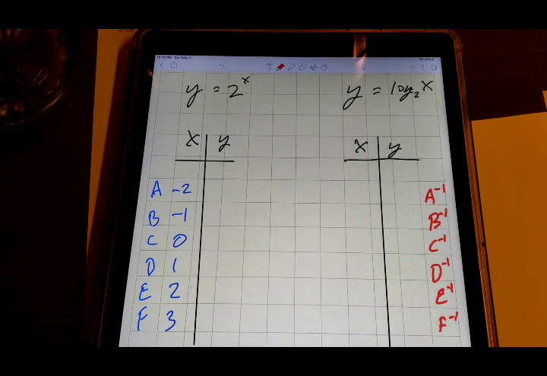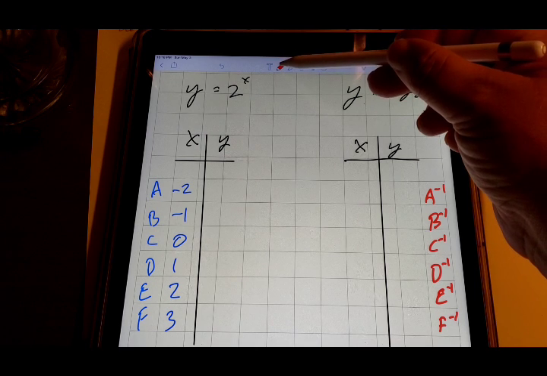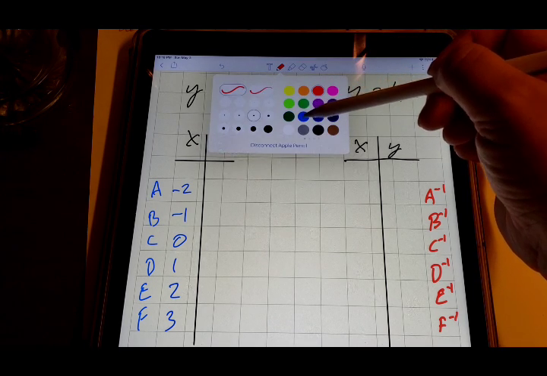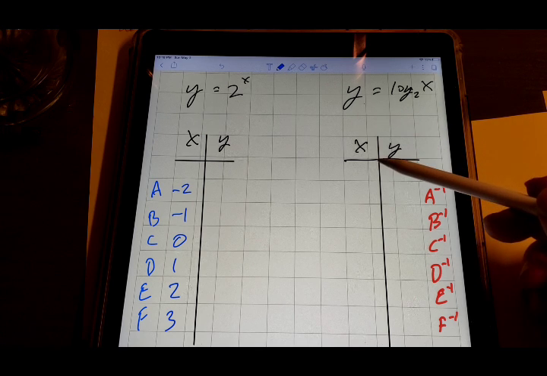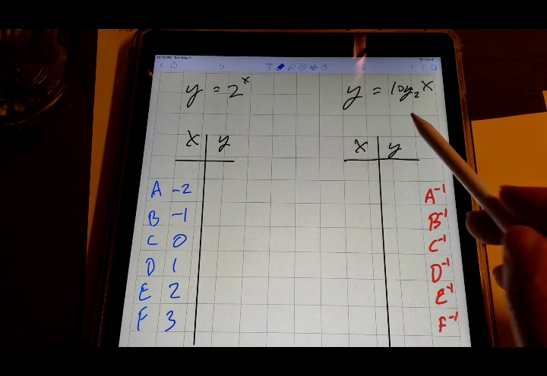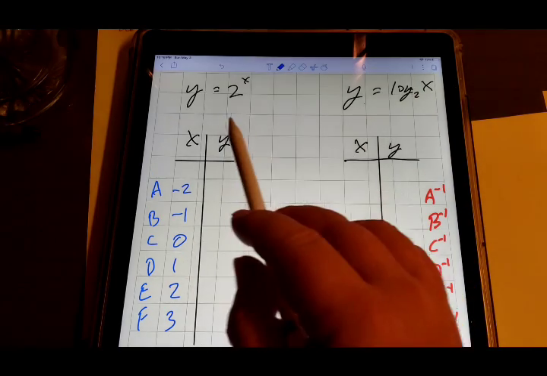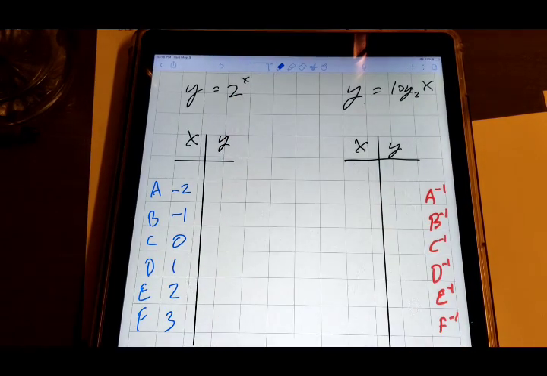All right. So I have these two partial tables here. And I think most people would agree that logarithm is a little cumbersome. So putting points on this table, log base 2 of x, is harder than putting points on this table, 2 to the x.